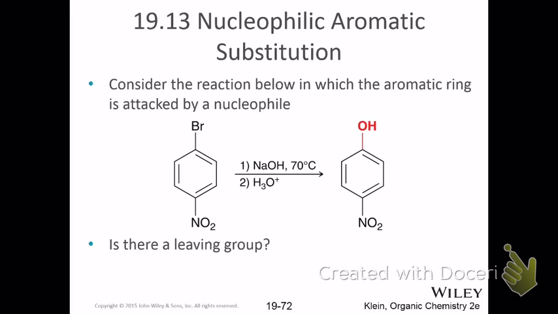To get a nucleophile to attack a benzene ring, we've learned about SN2 reactions, right? SN2 reactions are backside attacks. Where is the backside for every single one of these carbons?